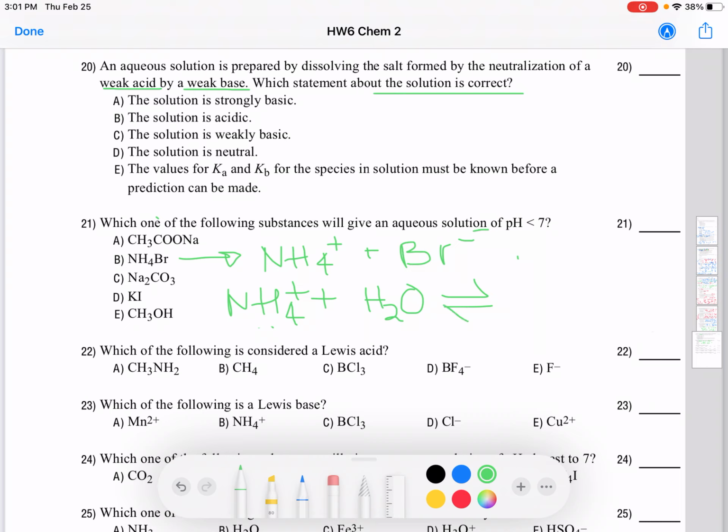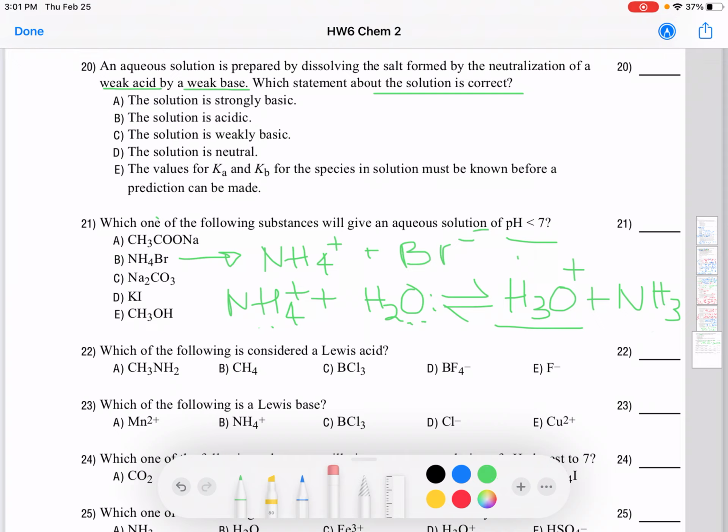Water acts as the base, taking a proton from the ammonium ion and becoming hydronium ion, and ammonia, NH3. What has it added to the medium? Hydronium ion. So ammonium bromide solution is going to be acidic. If it is acidic, pH is going to be less than 7. So there we have an answer. But let's look at the other ones too.